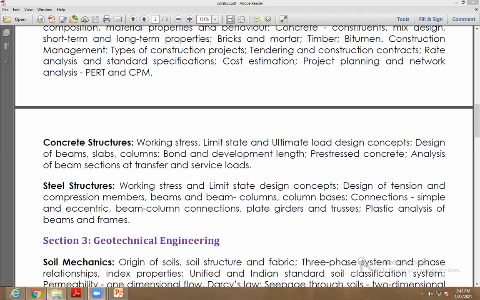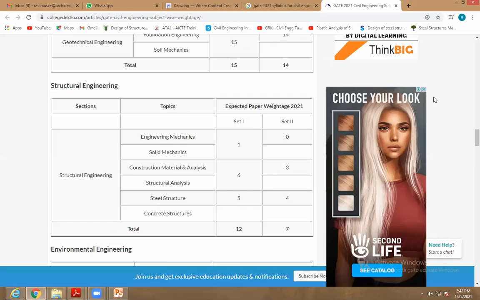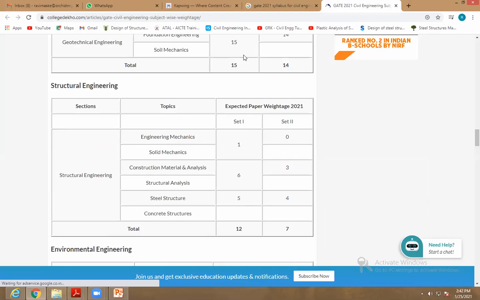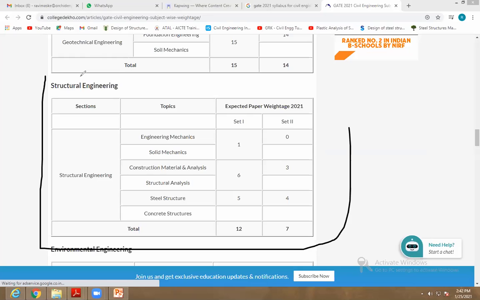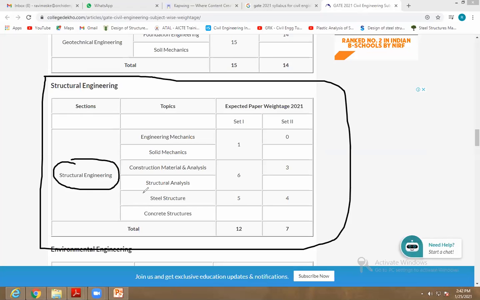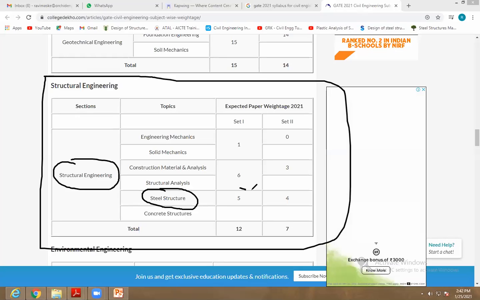Now, if you see the weightage, the possible weightage for this year's GATE examination, expected weightage, it is not confirmed. Regarding structural engineering, we consider steel structure. If it is set 1, that is 5 marks.